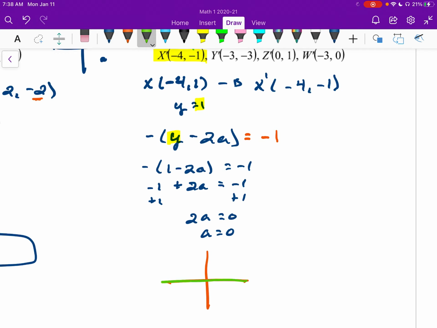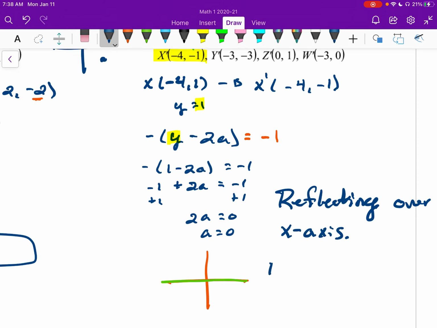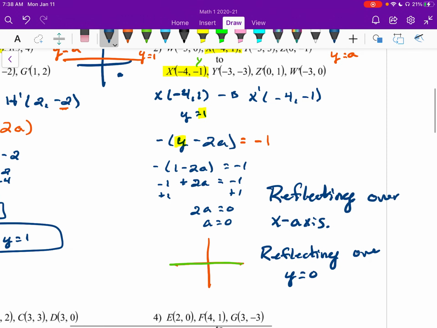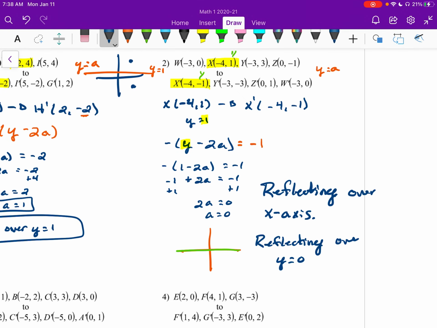So that's the x-axis. So really we're reflecting over the x-axis. You could also say reflecting over y equals 0, because y equals 0 is the x-axis. You could say either of those, and they would be correct.